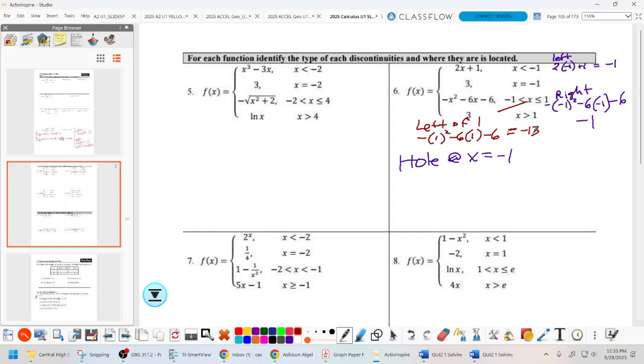So tell me about that kind. I know this is all over, but it beats trying to write it all out for just a homework check. So what kind of discontinuity is that? It's jumping, right? It's coming in down at negative 13 and leaving at 3, so it's jumping up. Jump. Don't forget to say where it happens, at x equals 1.